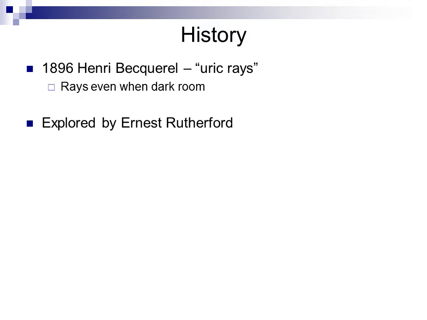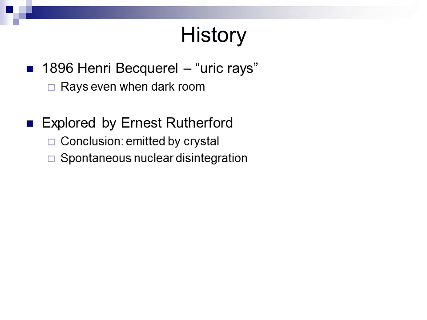This phenomenon was explored by Ernest Rutherford, and he came to the conclusion that the uranic rays came from the uranium itself, that the crystals were actually emitting a light that they produced on their own. He further determined that this light came from the spontaneous disintegration of the nucleus of the uranium atoms in the crystals.